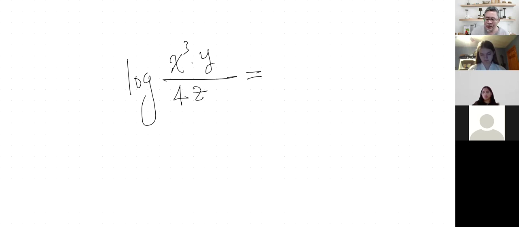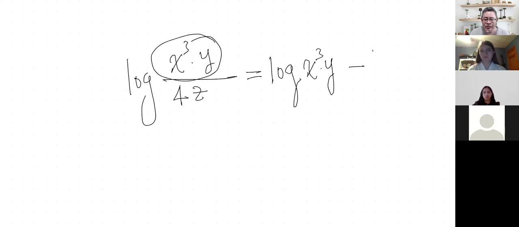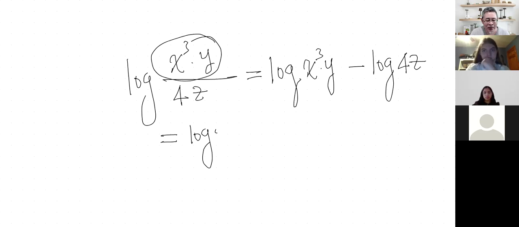Very good. So, let's see this. We know this top part here, we can write this as a group, x to the third times y, minus the bottom group 4z. So that gives us log x to the third plus log y.